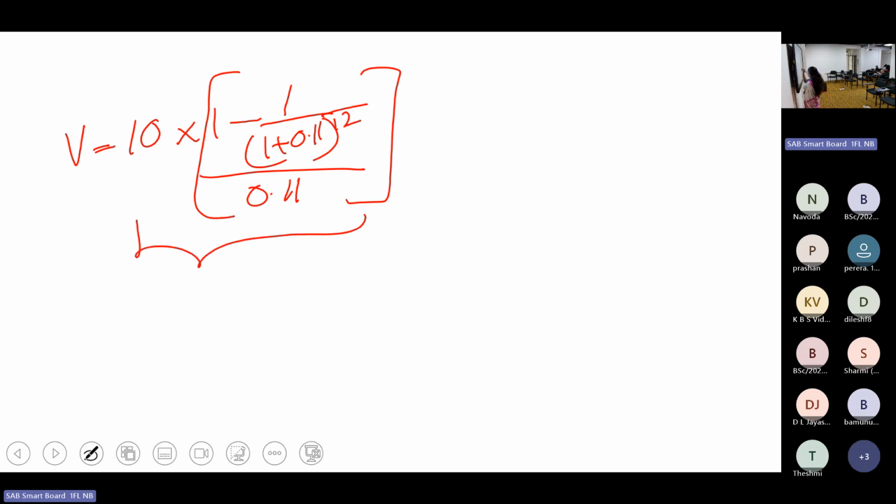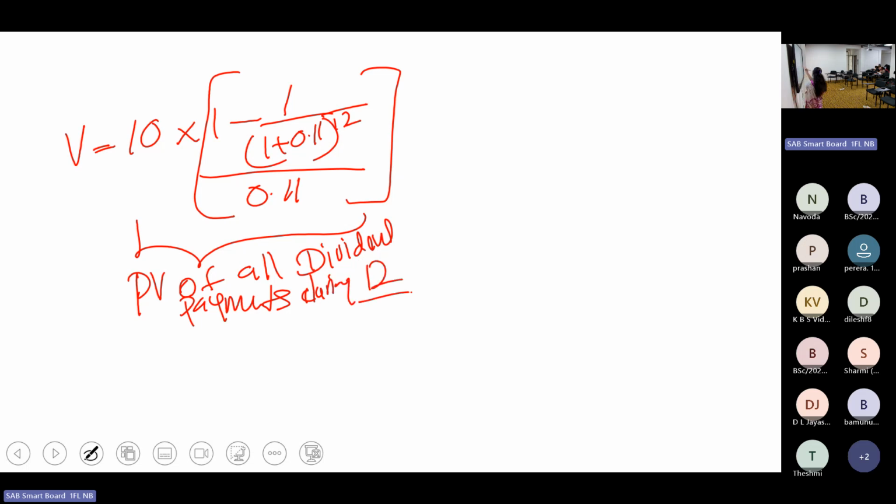This is the present value of all dividend payments, plus. Are we going to only have the dividends for this period?